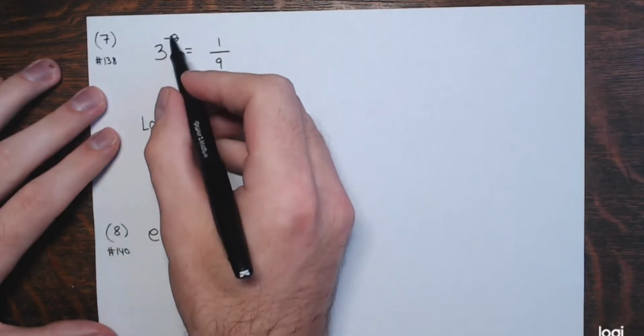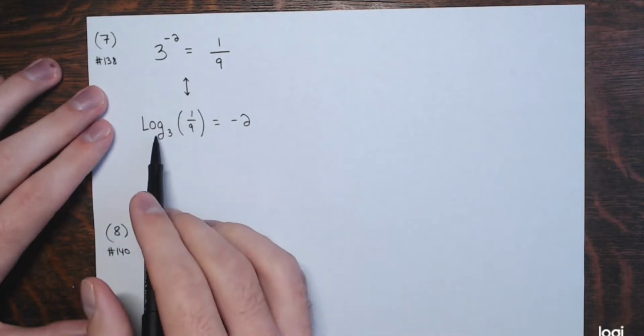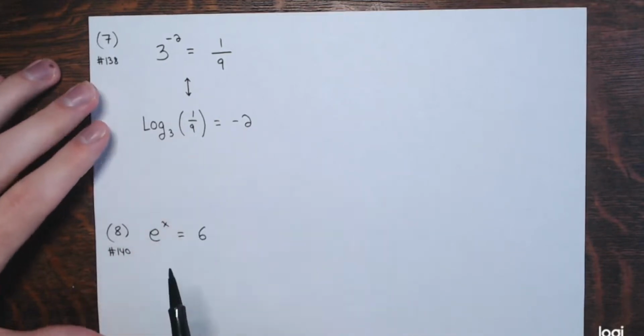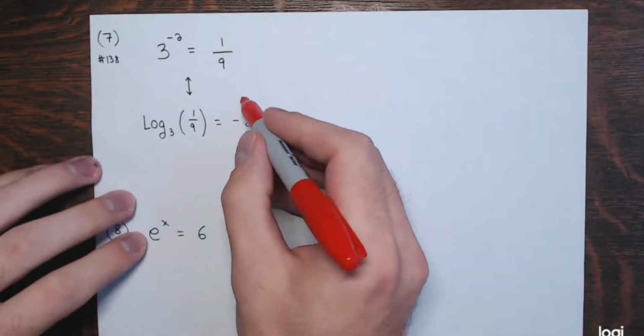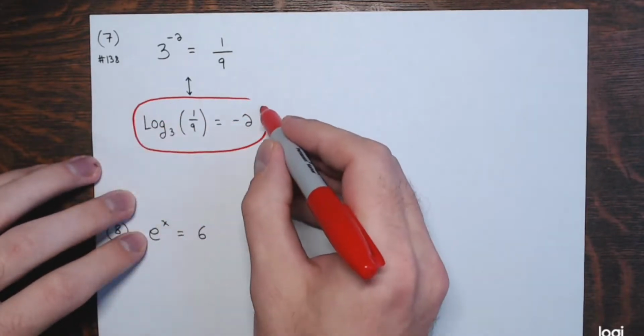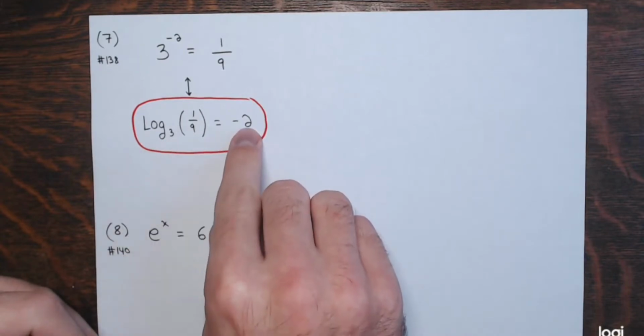The exponent was -2, right? And once again, I'll say it. Logs equal exponents. Logarithms are exponents. And if you want to check, the base 3, 3 to the -2 would be 1/9.